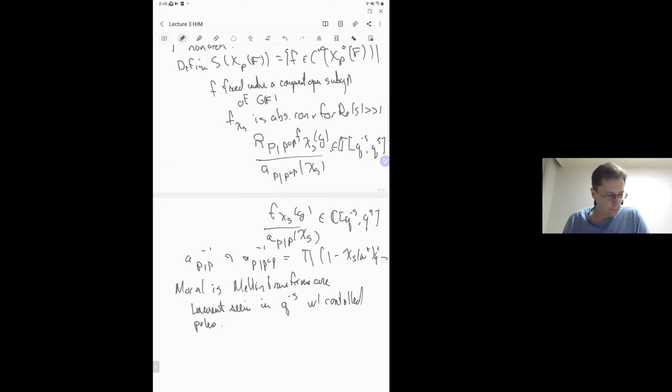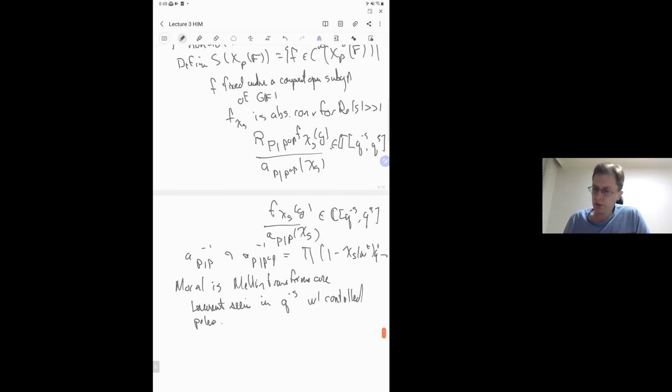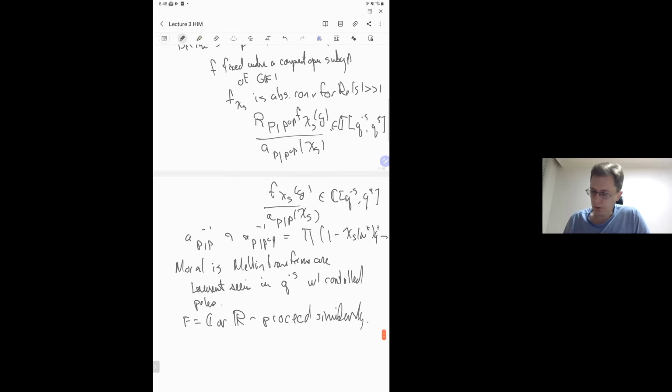So in the case of F equal to C or R, you can proceed similarly, but there's some more care that's needed.